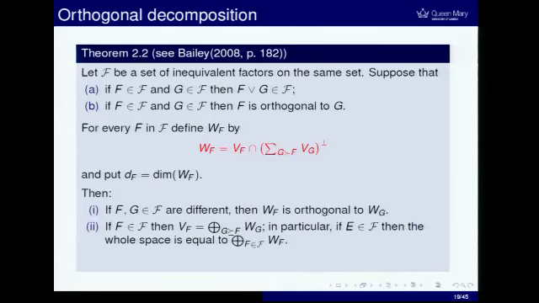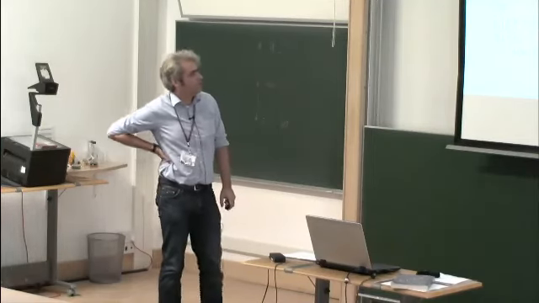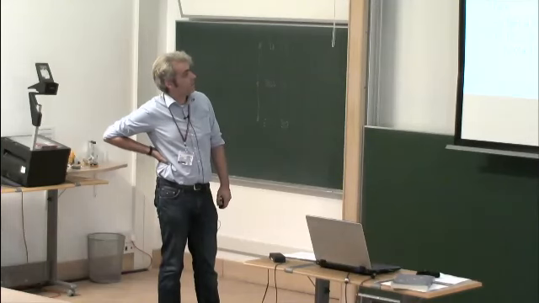If we consider any factor F in curly F, then its V space is the orthogonal direct sum of the W spaces for factors G coarser than or equal to the specific factor F under investigation. And if the equality factor is included in our set of factors, then this gives us a decomposition of the whole space within which our observations lie into mutually exclusive orthogonal subspaces, one for each factor.